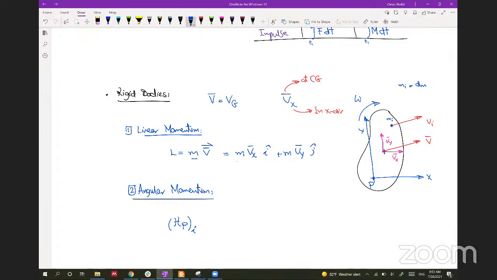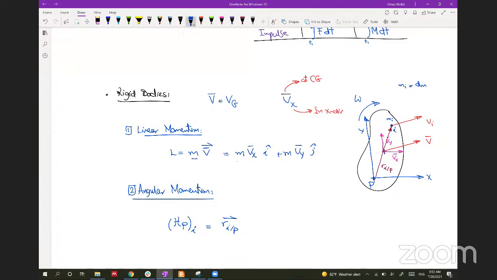Okay, so H_P will be equal to r of point i, so let's call this point i, r of point i with respect to B. So let's draw it. It will be something like this. So this is r_i with respect to B. I stretch the line from B to i, and this is this vector.